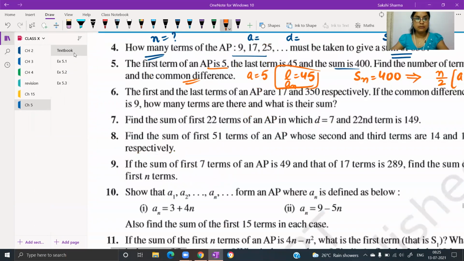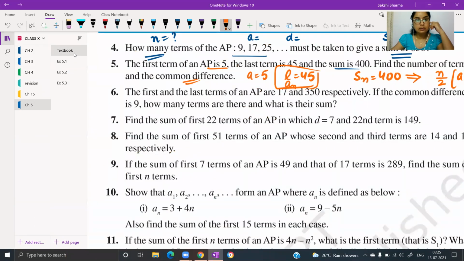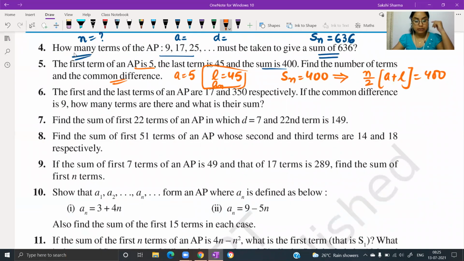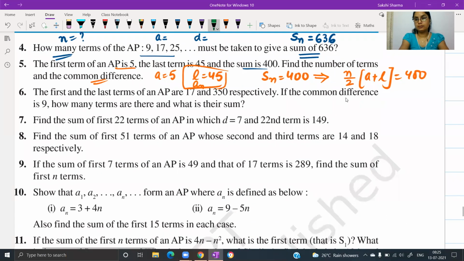Question 6: the first and the last term of an AP are 17 and 350, the common difference is 9. How many terms are there and what is their sum? Okay, Taranpreet.